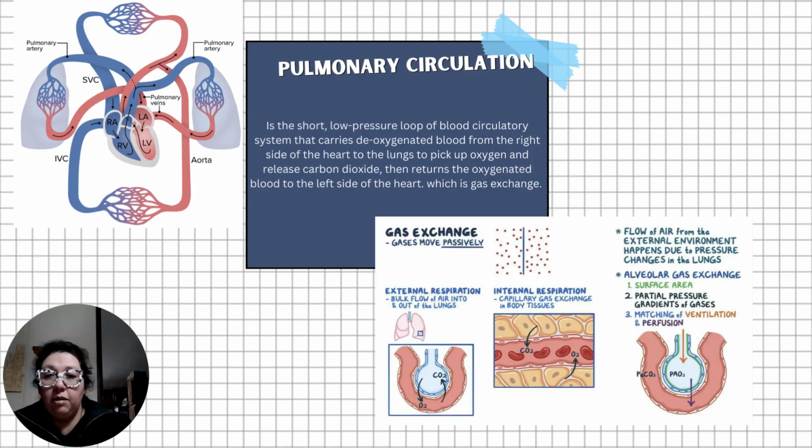Once in the left atrium, it'll go past another little valve called the mitral valve and into the left ventricle. From the left ventricle, it will push through the aortic valve. Once it's through the aortic valve, it'll go through the aorta, up to the top portion of our body, and then down to the bottom of our body.